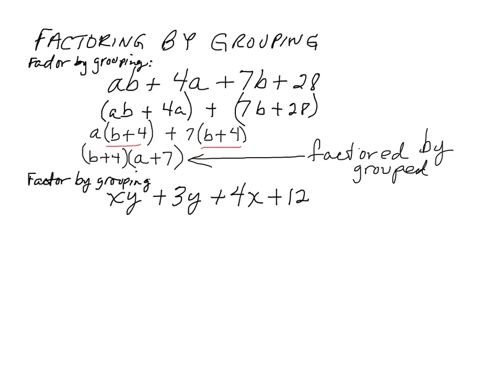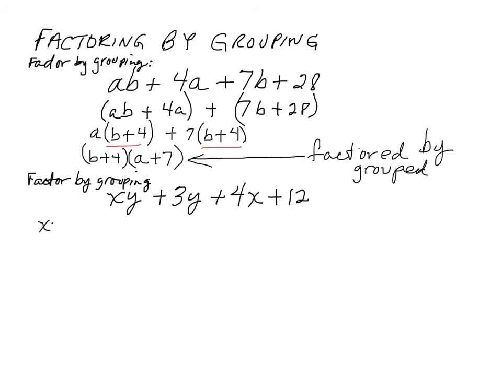Let's look at another one. xy plus 3y plus 4x plus 12. Well, the way they're situated here, we can factor them the way they are. I can group them the way they are. It's 4 terms. You only use grouping when you have 4 terms. So we could go ahead and group them the way they are.